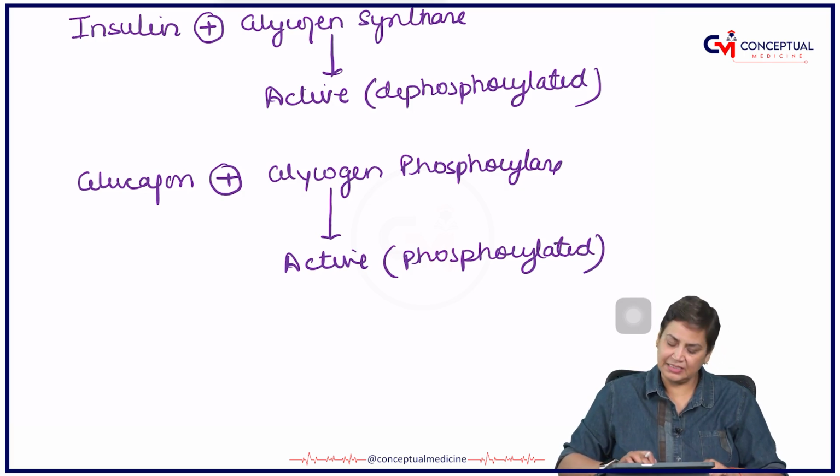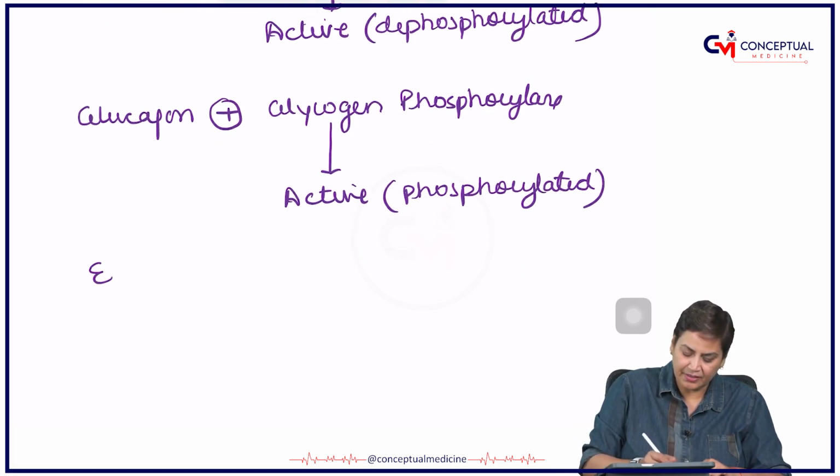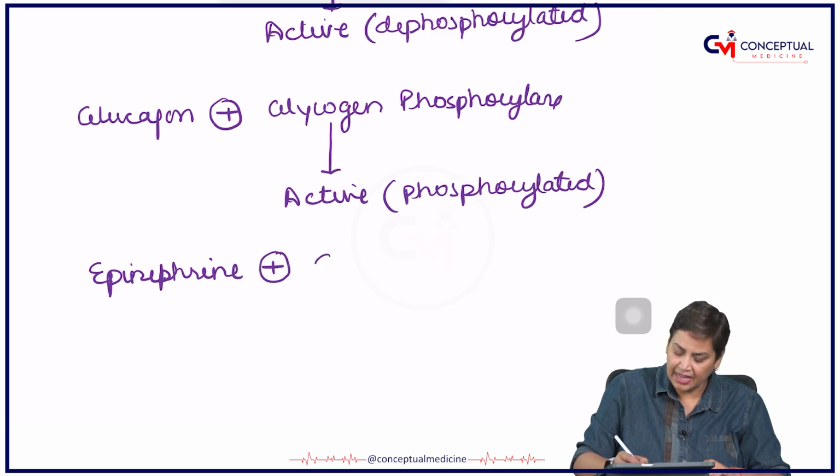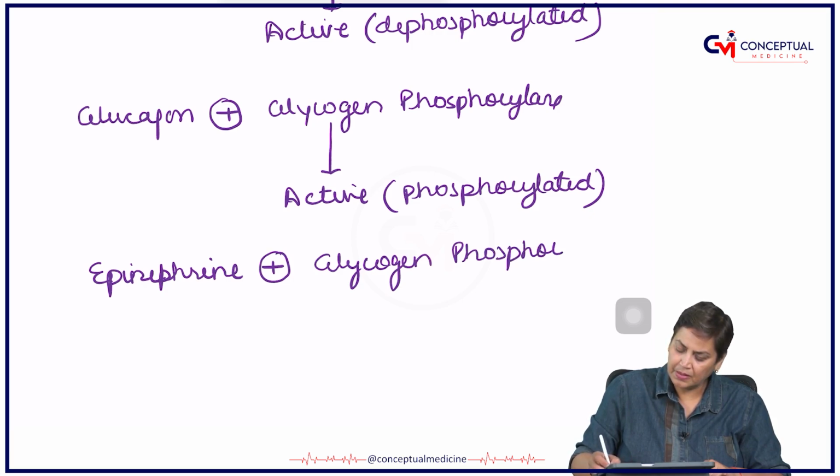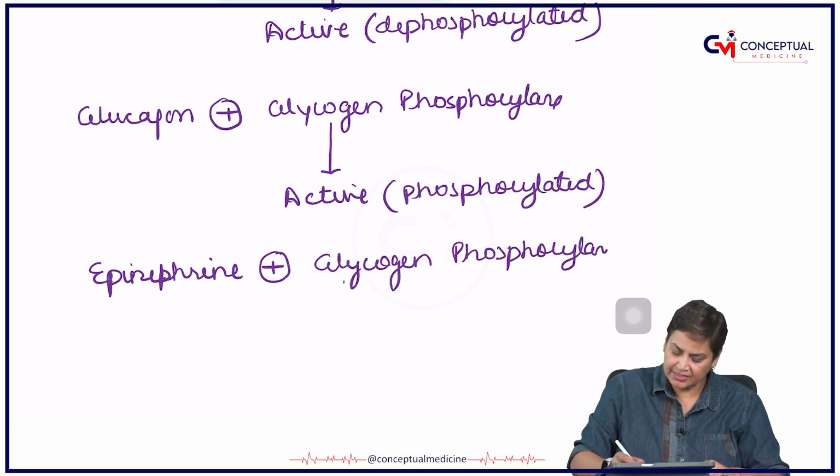Very, very important. Similarly, epinephrine is again going to accelerate glycogen phosphorylase, which is active in its phosphorylated state.